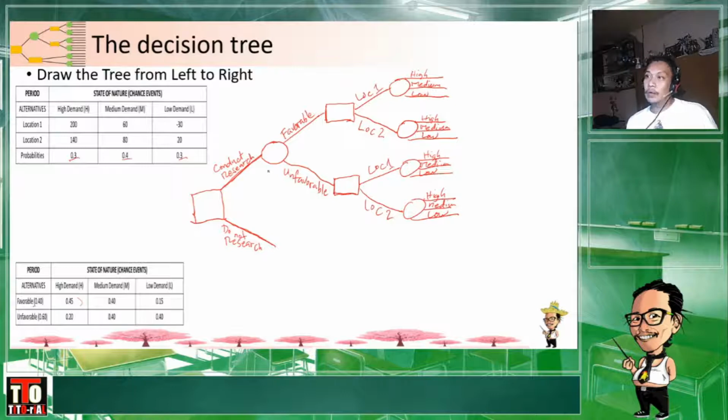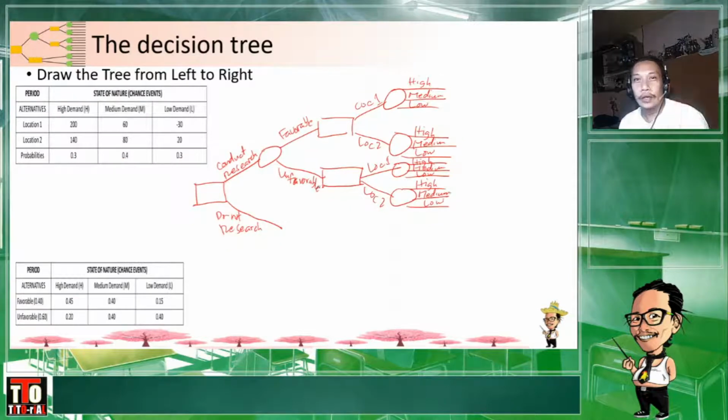Now, so nakuha na natin yung possible scenario pag nag-conduct tayo ng research. Okay. So, ayun na guys. Sorry nabura kasi yung unang gawa natin. So, niredraw ko na lang yung decision tree natin. So, natapos na tayo dun sa upper part when we conduct, what the possibilities when we conduct market research.